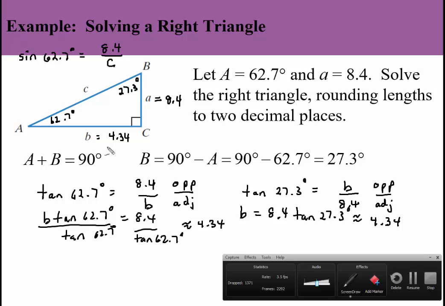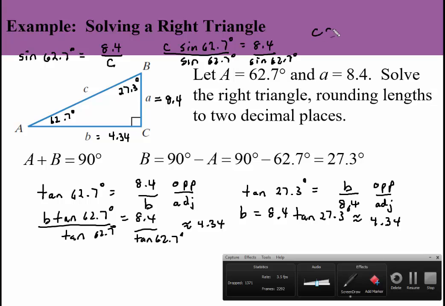All right, you could do it that way. And then multiply both sides by c. You'll get c times the sine of 62.7 degrees equals 8.4. Divide both sides by the sine of 62.7 degrees.